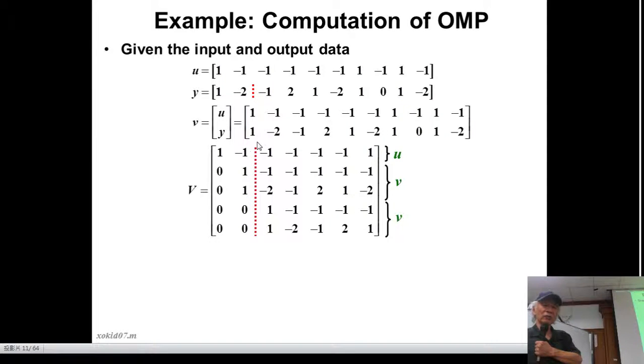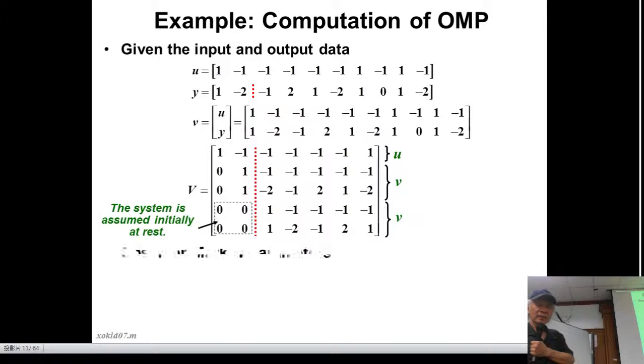If I cannot use these two columns, then that means the output at time equal to 0 and the output at time equal to 1, these two numbers, I cannot use. So I truncate those two numbers out. You can do that.